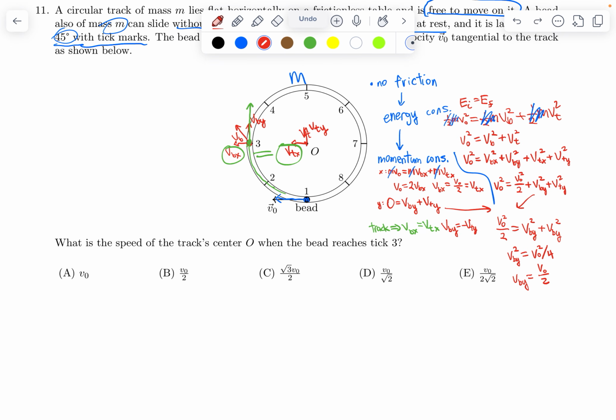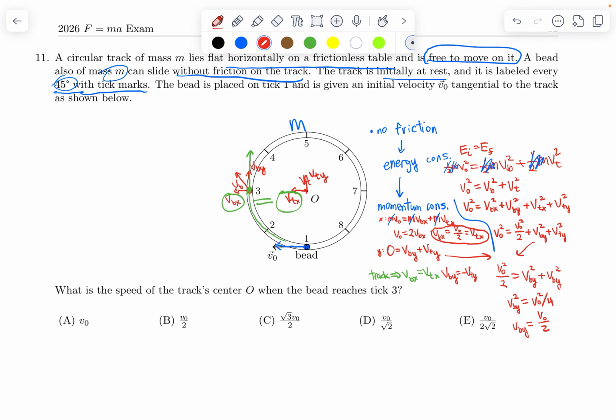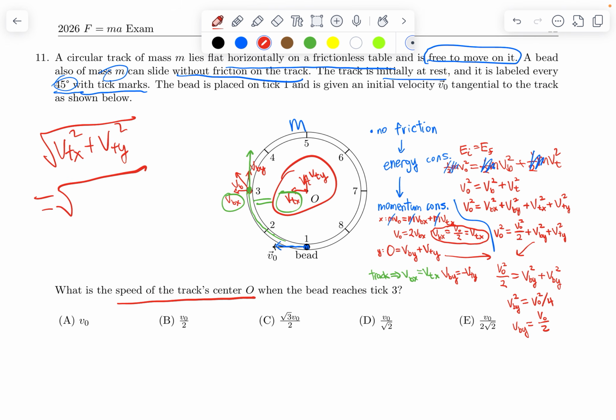So now, it's asking for the speed of the track center O. That's going to be the square root of vtx squared plus vty squared, which is equal to the square root of, now what's vtx?